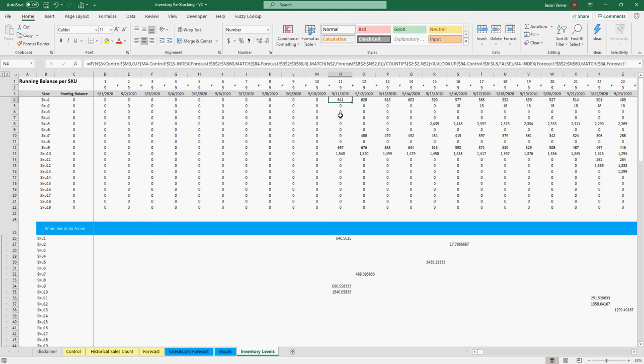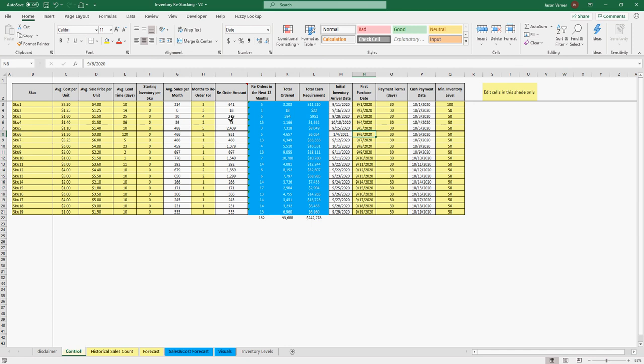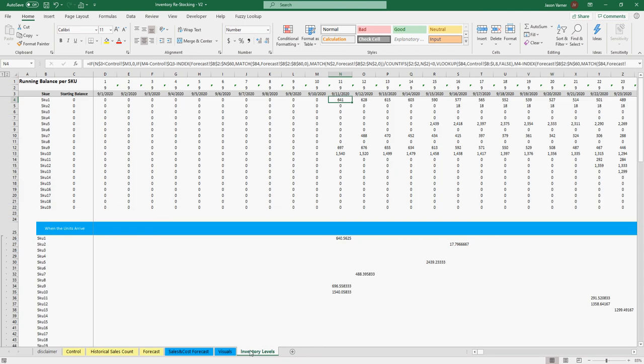So now our starting balance is going to be this, and the logic is saying, okay, we got 641 here. Your purchase date is 9/1, but look at the arrival date 9/11. So based on a lead time of 10, it's now adjusting this back.